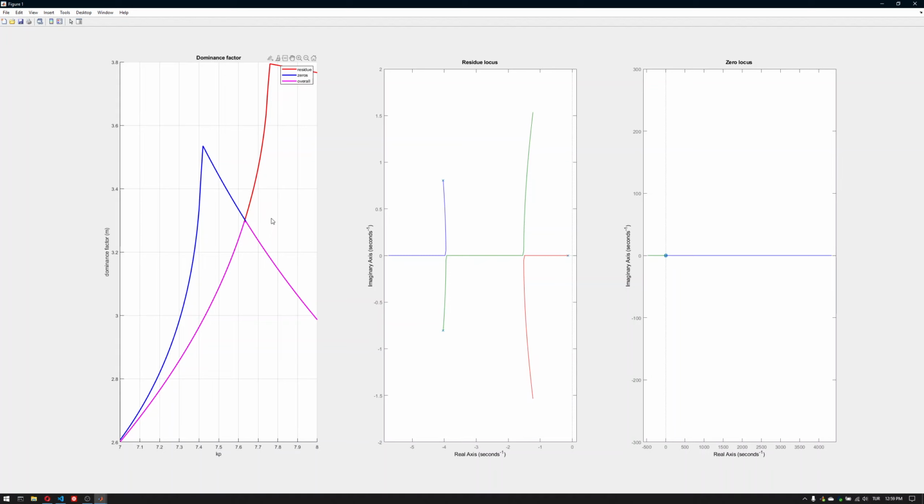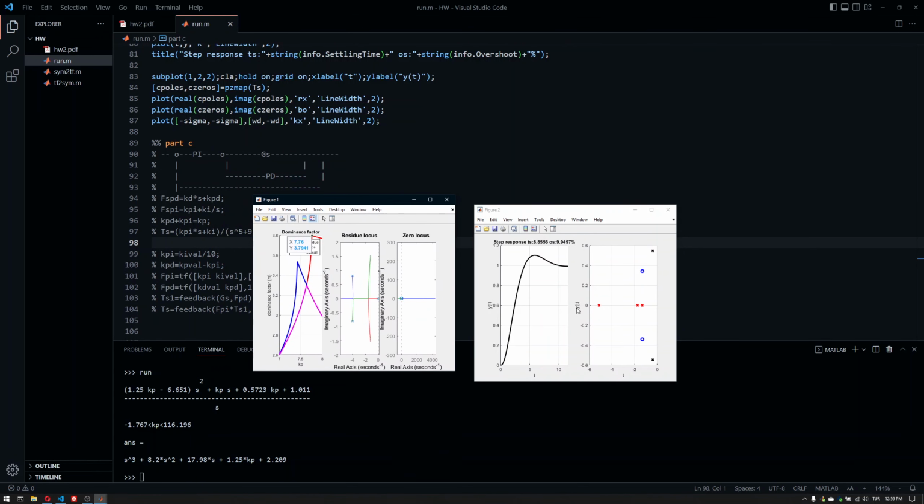So that would mean that I can immediately change my controller parameters because of the structure, because I don't care about the zeros anymore. I could just maximize my design in terms of poles, because I can decide on the position of the 0 manually by using KPI, and I don't have any other 0.